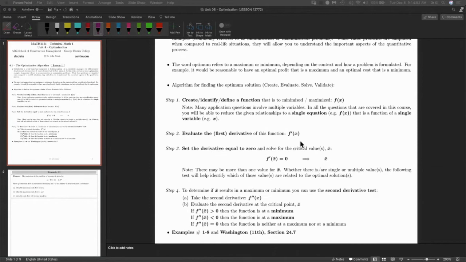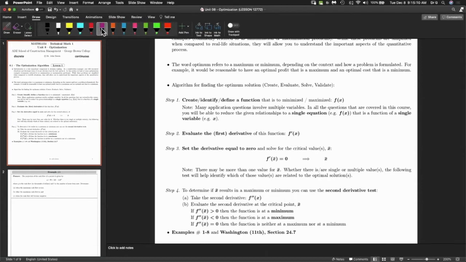Then, once you have that function, you want to take the derivative. Step 2 could be really easy, or it could be annoying if it's a quotient rule or something, but it could be a polynomial. That'd be really easy. So the derivative step is usually not too bad.